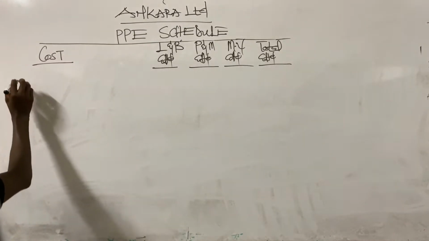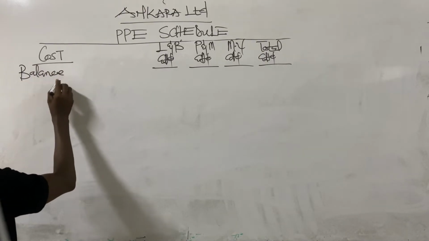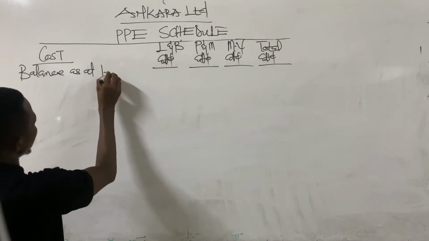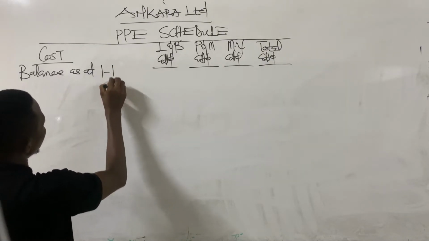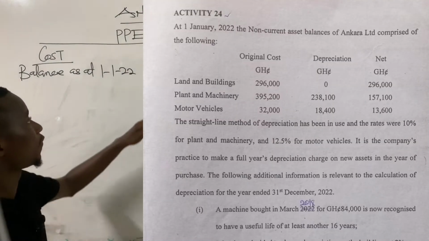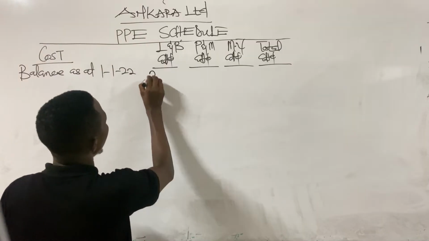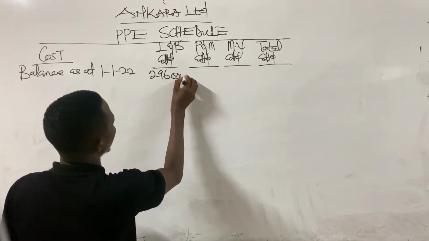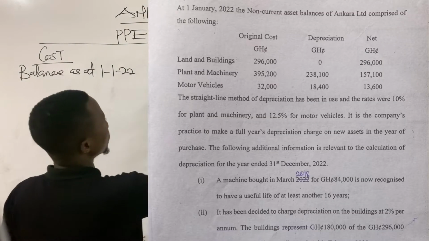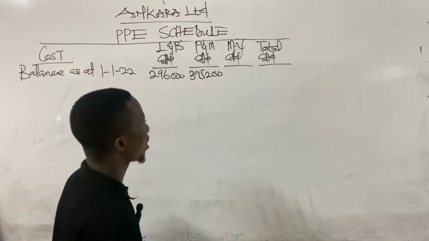So we look at the balance asset, that is 1st of January 2022, okay? So for land and building, from the question, we have 296,000. And for plant and machinery, it is 395,200.